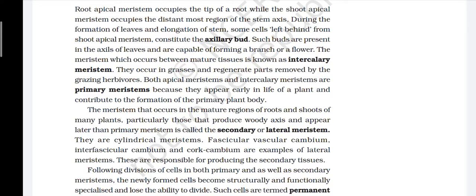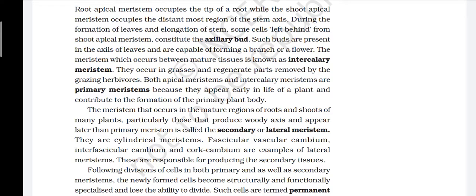Both apical meristems and intercalary meristems are primary meristems because they appear early in the life of a plant and contribute to the formation of the primary plant body. The meristem that occurs in the mature region of roots and shoots of many plants, particularly those that produce wood, and appears later than primary meristem, is called the secondary or lateral meristem.